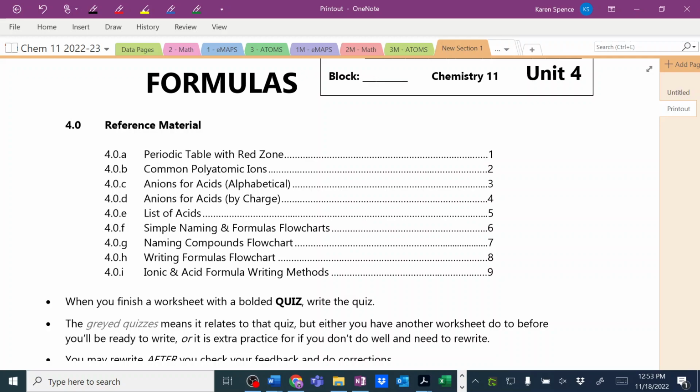Don't fall behind or you're screwed. I will help remind you if you're falling behind. I will be putting your name on the board, like quiz number 3, these are the people who haven't written it. You don't want to be on the board, unless you're away, of course. If you're away, then you've got to get caught up.